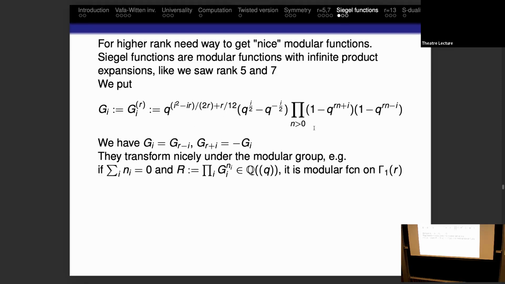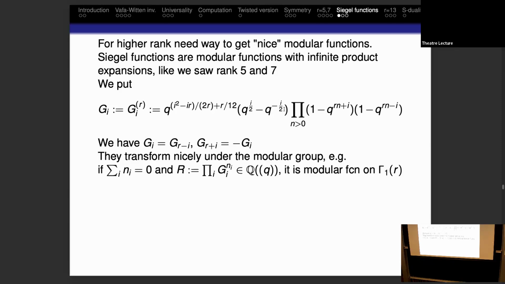And then basically we take the product over Q to the Rn plus I times Q to the Rn minus I for a certain fixed I. So a very simple thing. If you know theta constants, you get a theta constant if you add some eta function here. So it's very similar to that also.